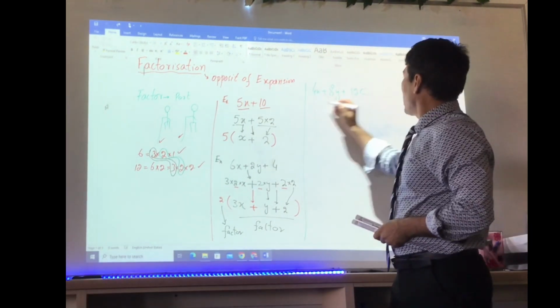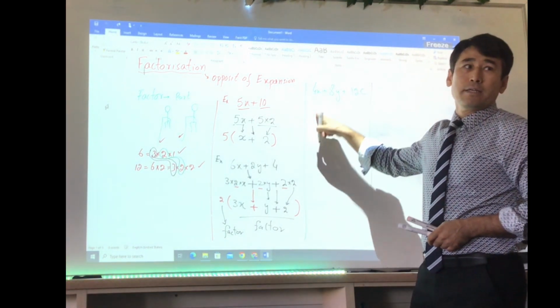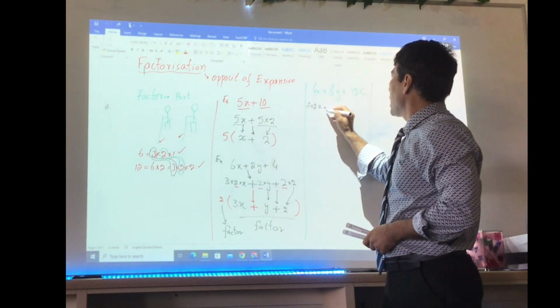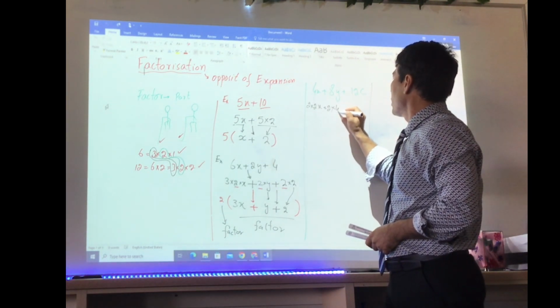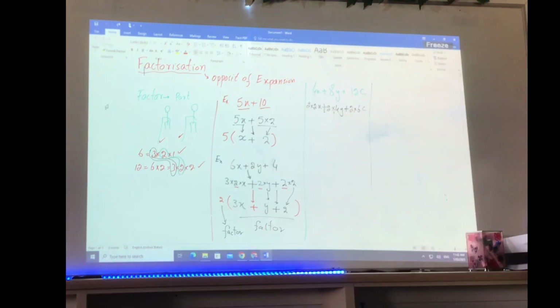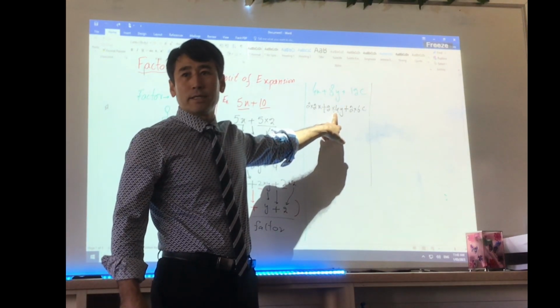I'll do this 2 ways, okay? 2 times 2x plus 2 times 4y plus 2 times 6c. Right? Do you agree that 4x means 2 times 2x, okay? And 8, you see, 2 times 4 is 8.